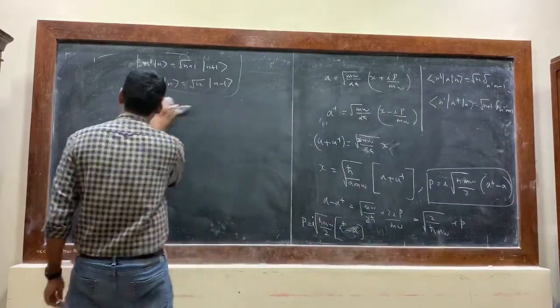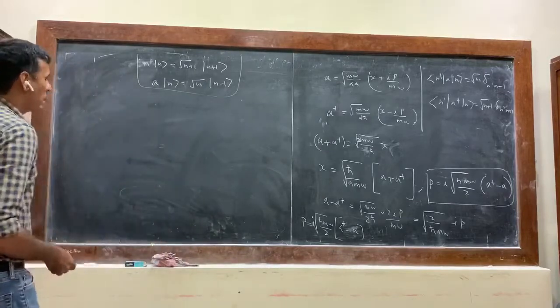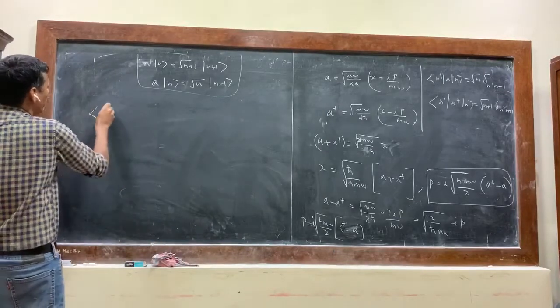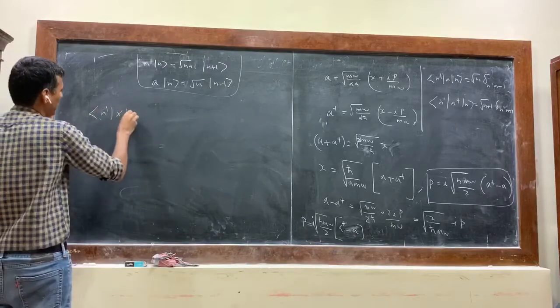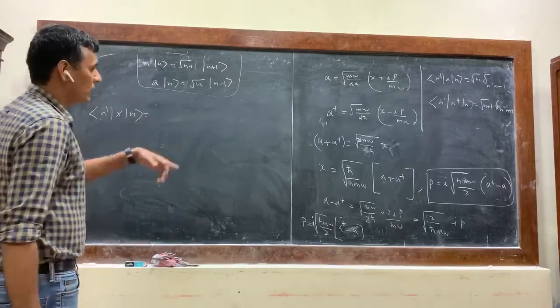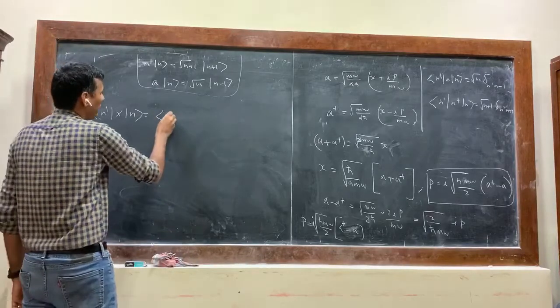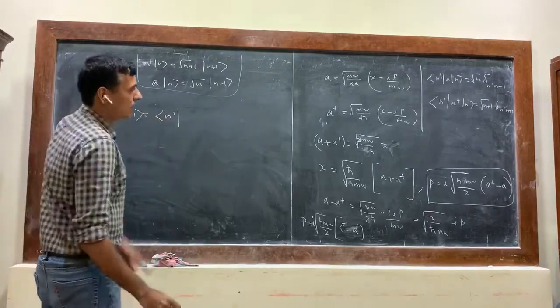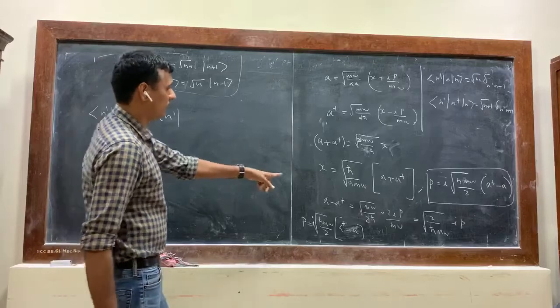So now let's try to figure out what ⟨n'|x|n⟩ is. x is this quantity, right?